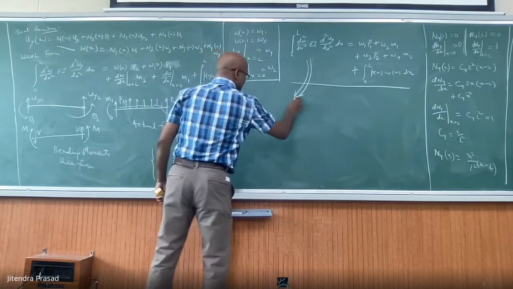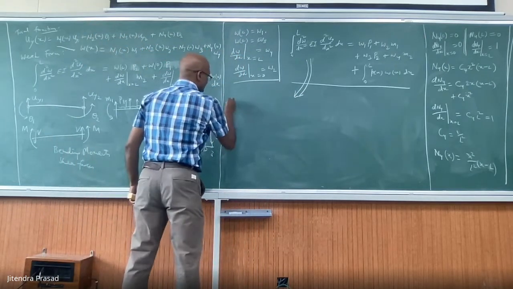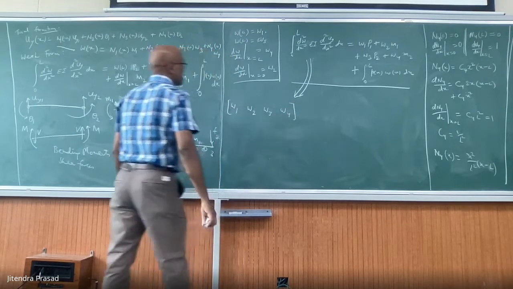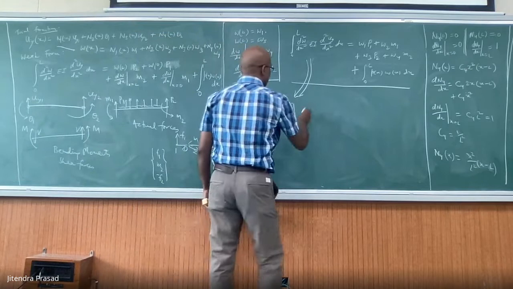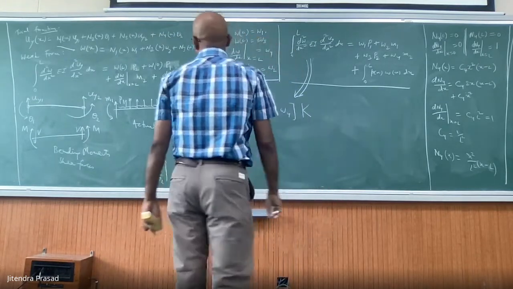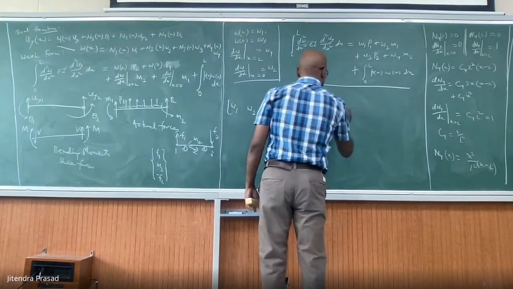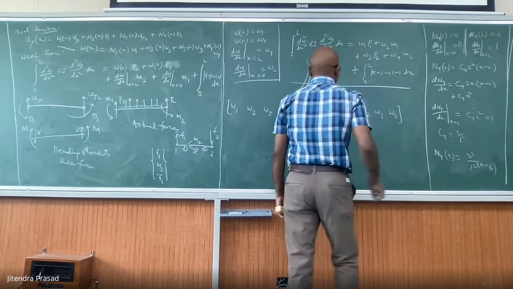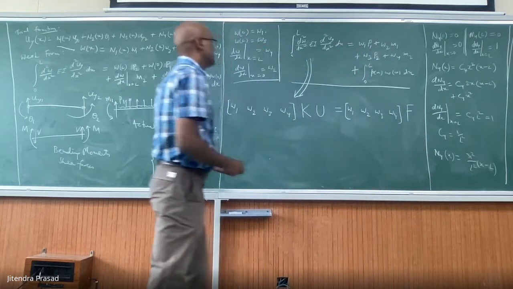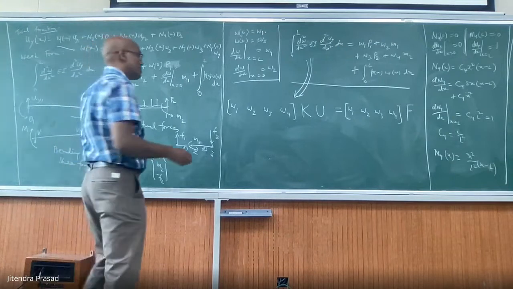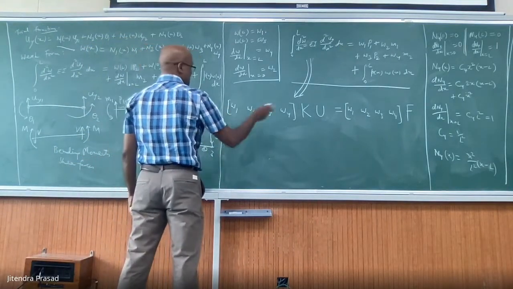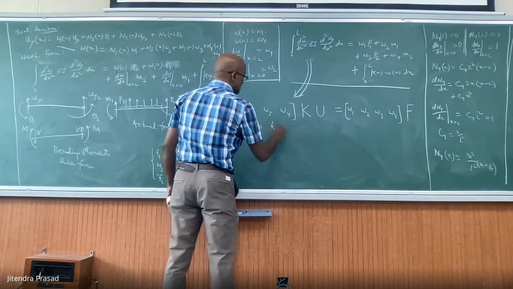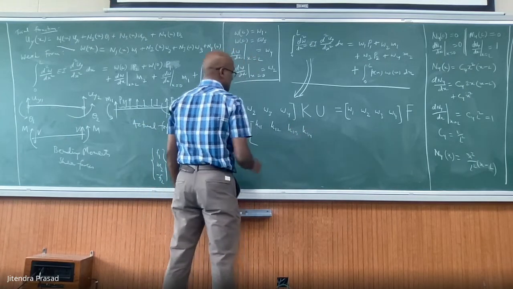Now that you are experts, you can write W1, W2, W3, W4, then you have some value of K, then U, equal to F. Only thing is we have to find out the value of K and U. So K is equal to K11, K12, K13, K14, and so on.